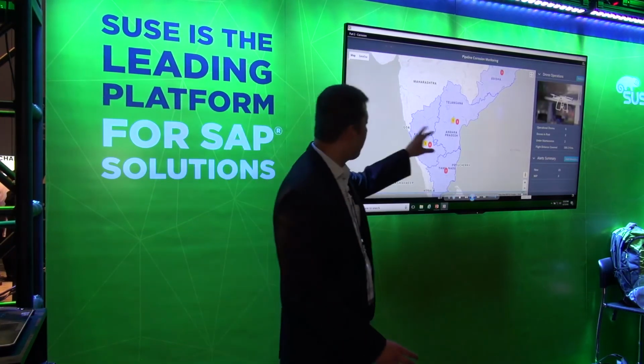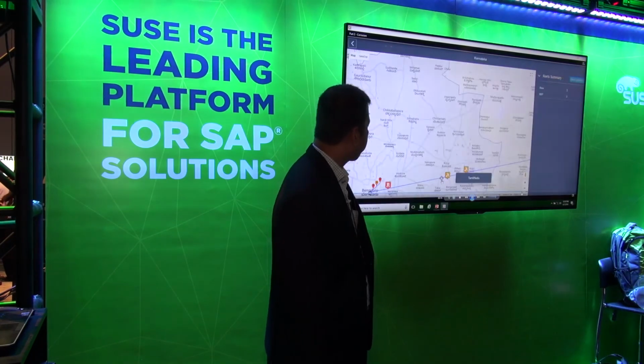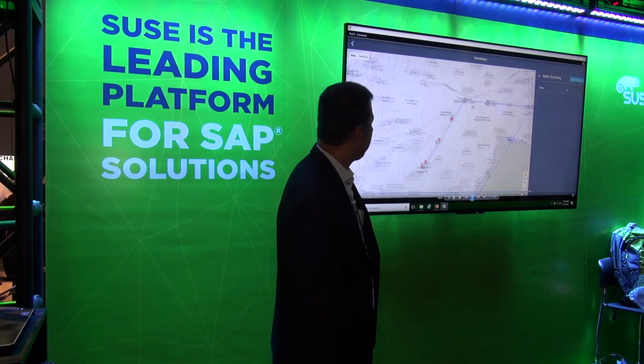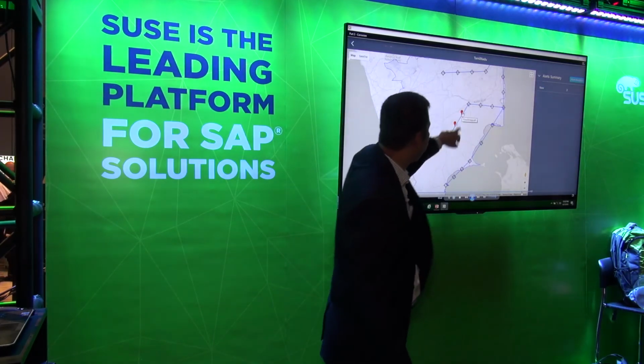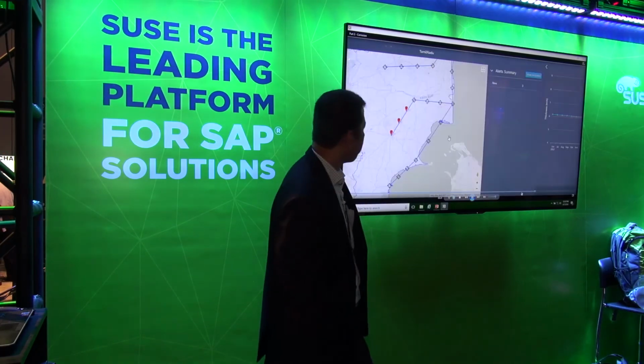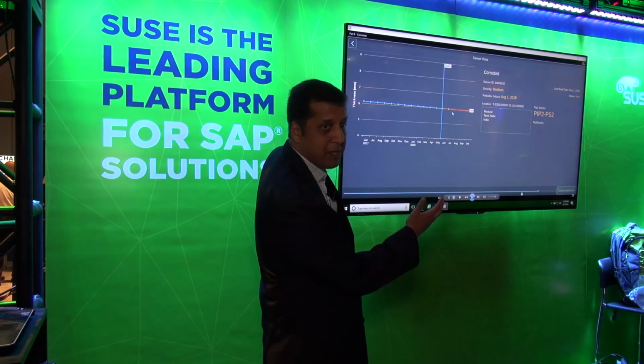So we will quickly go to the sensor-based alerts as well now. So this is the network. All the sensors are placed on the pipeline network. Here there are some alerts. This is based on the past 24 months data.